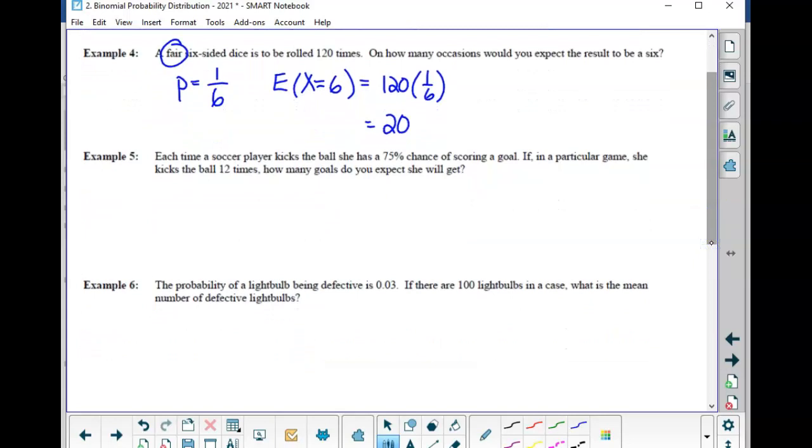Okay, similar in the next one. Each time a soccer player kicks the ball, she has a 75% chance, just like that last one we did. In a particular game, if she kicks the ball 12 times, how many goals do you expect she will get? So that's going to be expected value, where x equals... actually, x is not 12. It's just the probability of that.